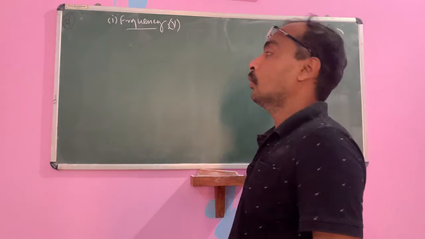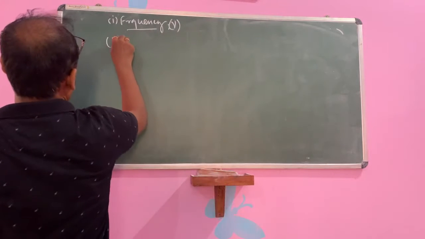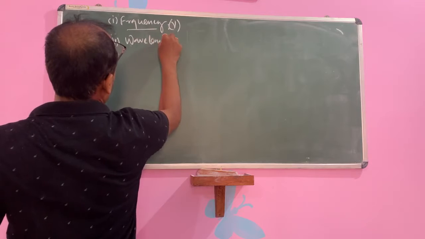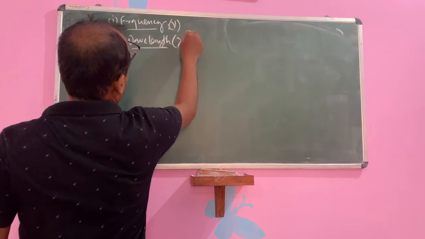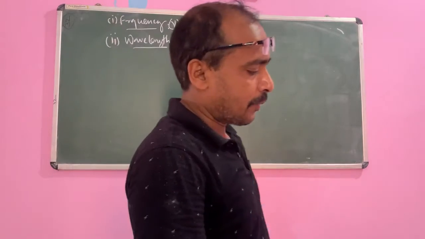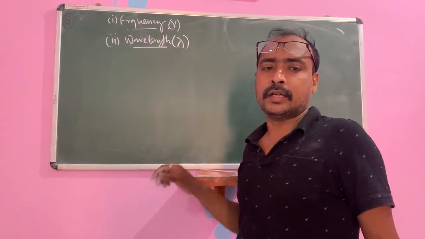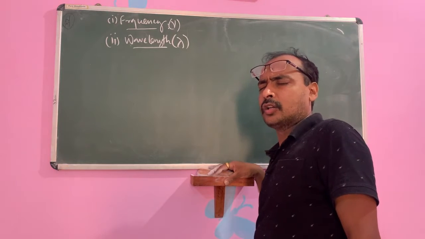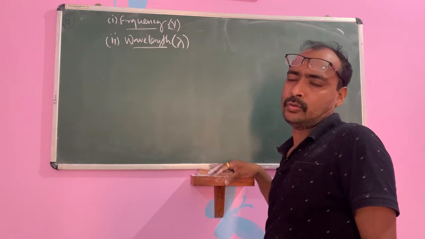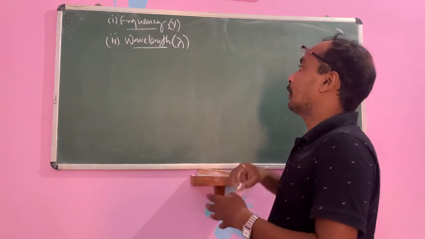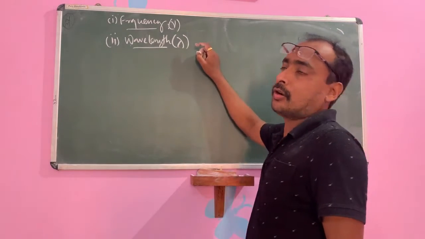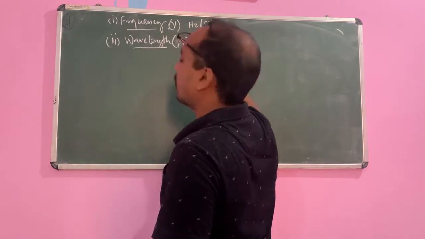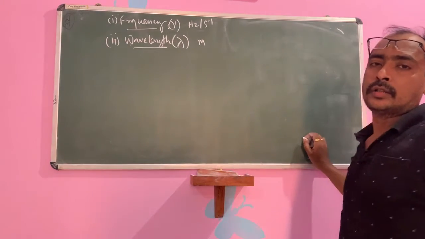Then wavelength. Lambda is the symbol of the wavelength, children. It is the distance between two adjacent crests or troughs. The unit is meter, and the unit of frequency is hertz or second inverse.